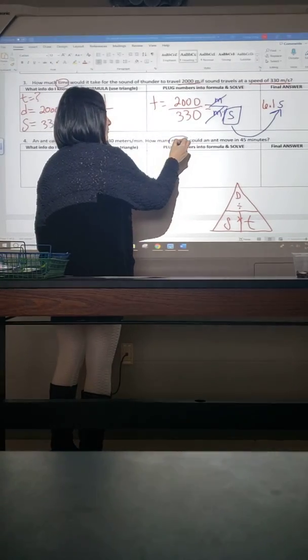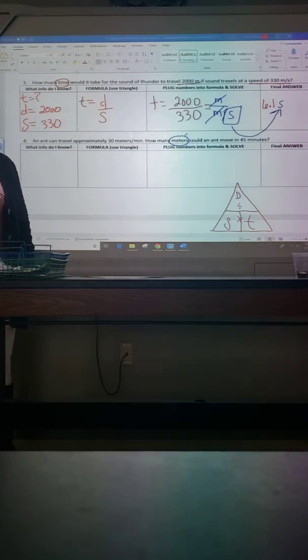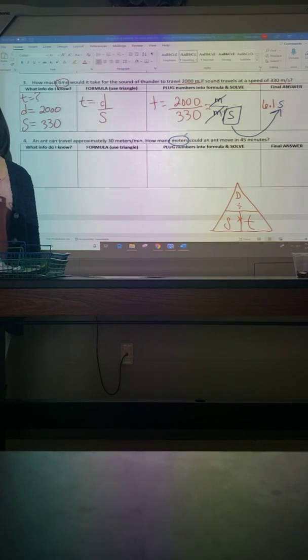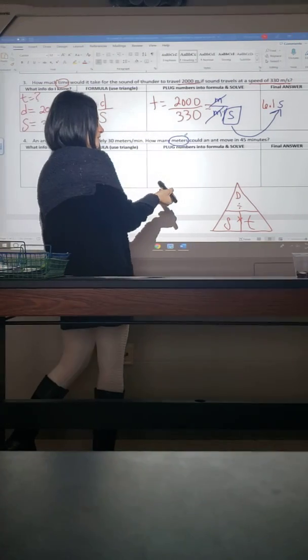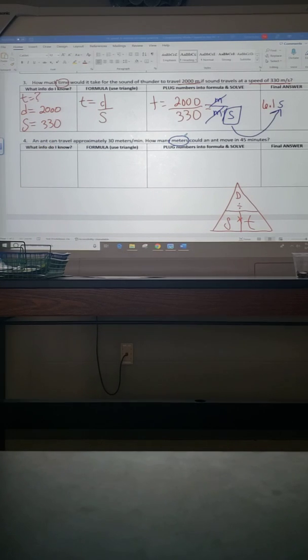Okay, so we're solving for meters. We don't have an equation for meters, but what does meters represent? A speed, a velocity, a distance, a displacement, a time? What do you think? Okay, distance. It's probably going to be a distance or a displacement. Do you see a direction there? No, so it is going to be a distance, not a displacement.